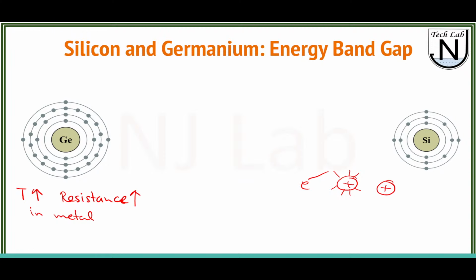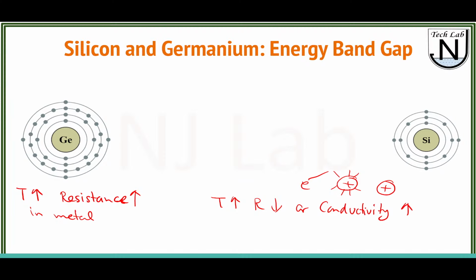But in case of a semiconductor, it is different. In a semiconductor, when the temperature is increased, resistance decreases, or we can say conductivity increases. Now why? How does it happen?